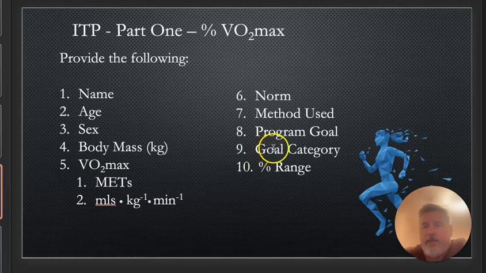And then your goal category is health, fitness, or performance. Okay. And then the percent range. The percent range is going to match with the method that you use. So there's recommended ranges for percent VO2 max. I deliver those in my lecture. They're also in the book. According to your goal, what's your percent range that you're going to go for?